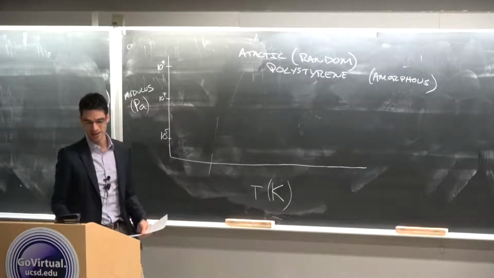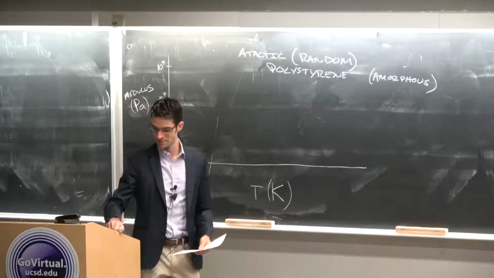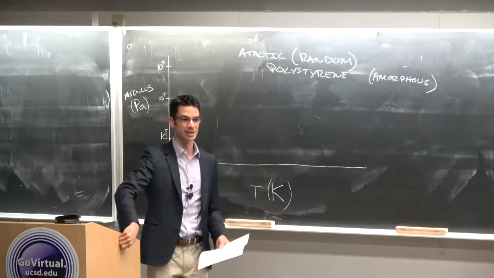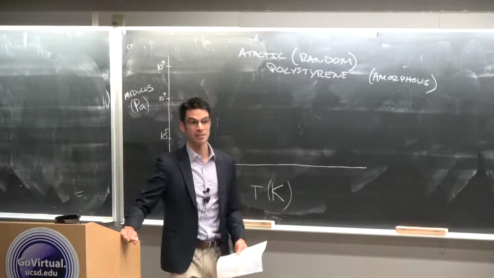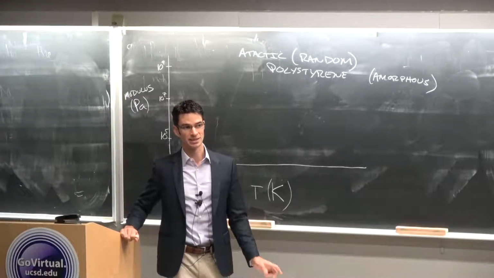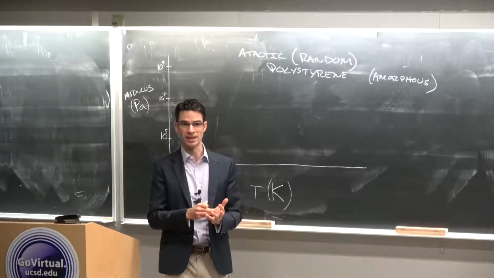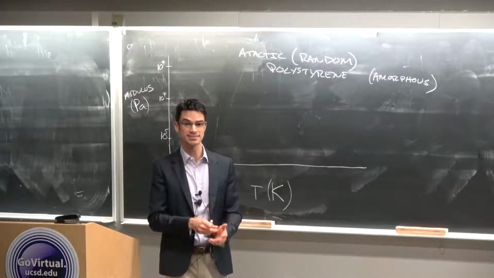And what is a typical value of a modulus? So this might be maybe a gigapascal or gigapascals. Rubber might be a megapascal. Human skin might be more like 10 to 100 kilopascals.